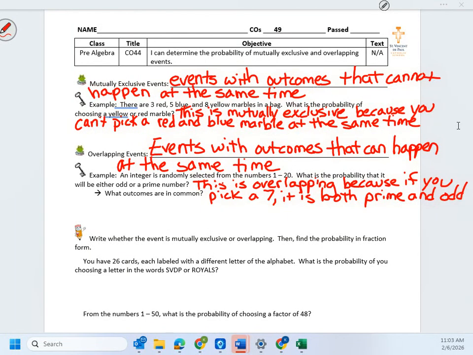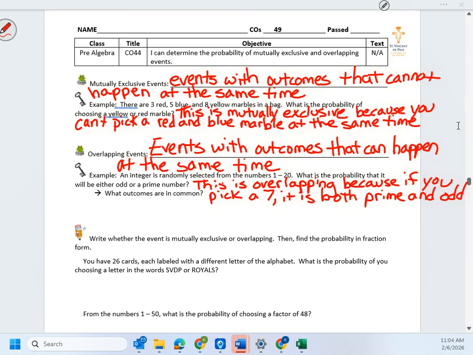You can pick a number that is both. Up top, we picked a red marble. It can't also be a blue. It is red is red is red. Here, 7, you could say, oh, 7's a prime. Oh, 7's an odd. It overlaps both of those.